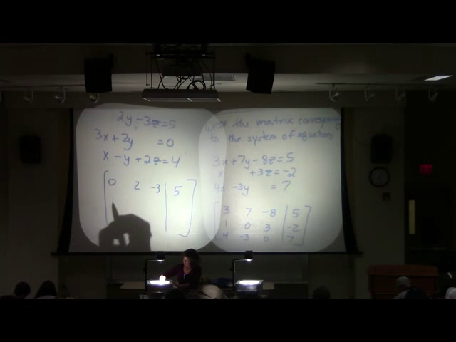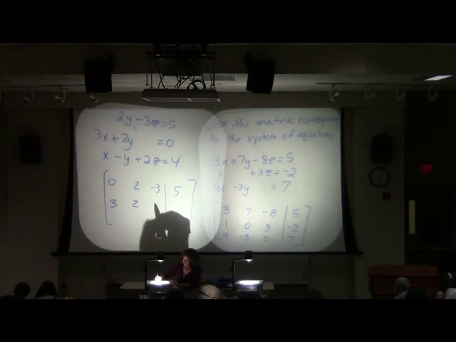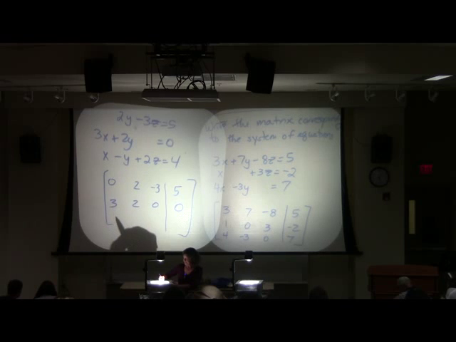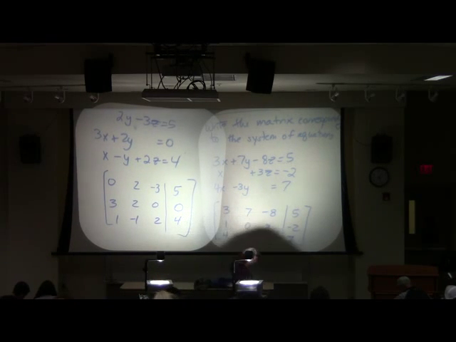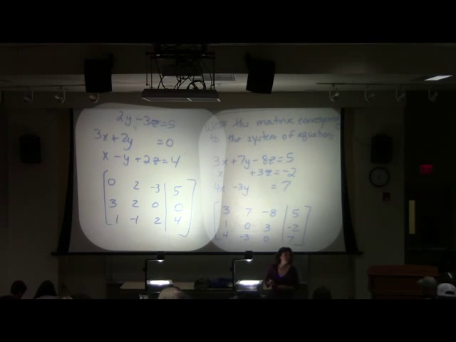What's my next row? 3, 2, 0, 0. Last but not least, what do I get for my bottom row? 1, negative 1, 2, and 4. Any questions on this guy?